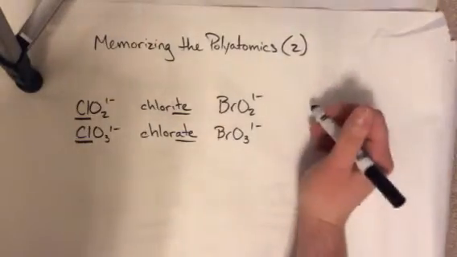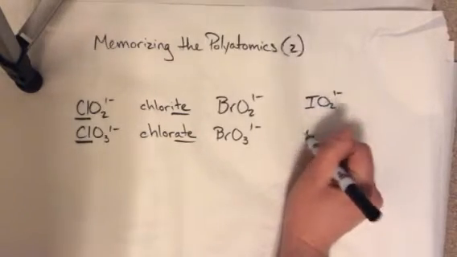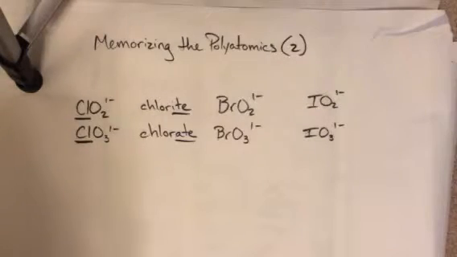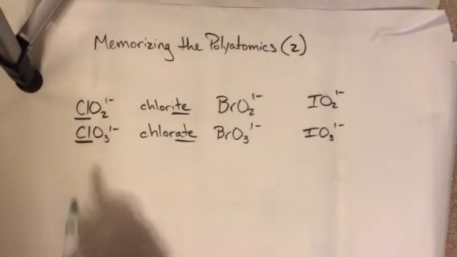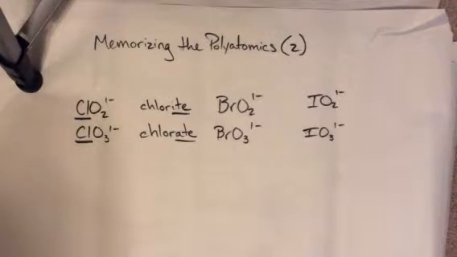And I could do iodine, IO2, IO3. The patterns that we're about to talk about work for chlorine, bromine, and iodine. So these are all going to have the same type names. Chlorite, chlorate, bromite, bromate, iodite, iodate.